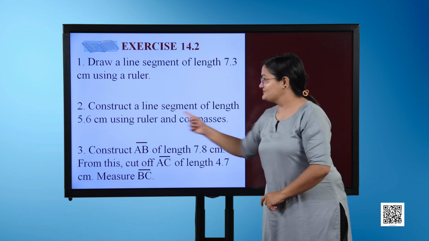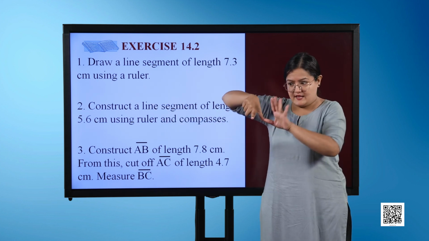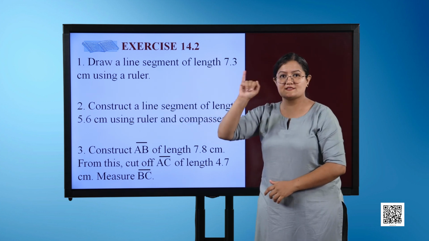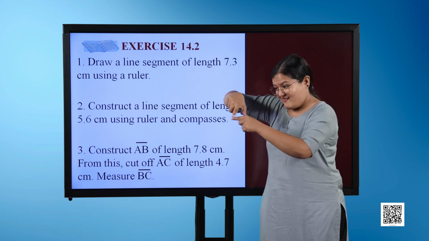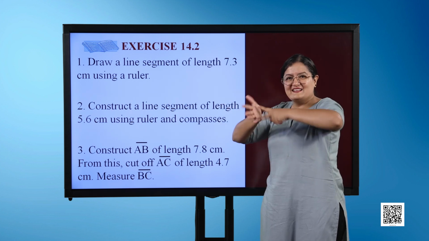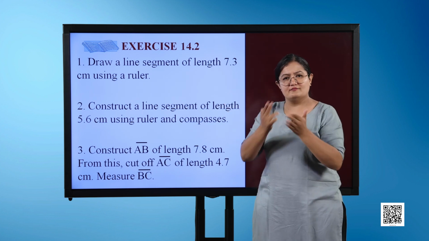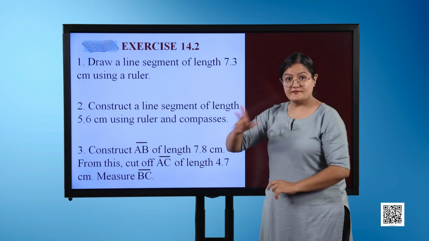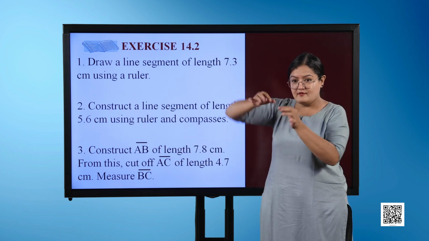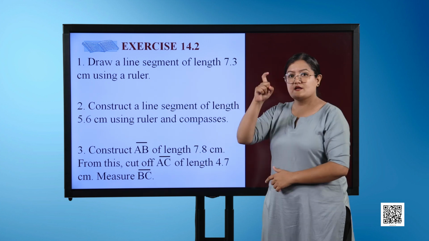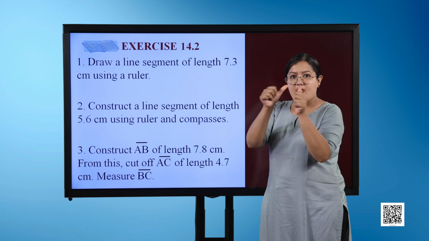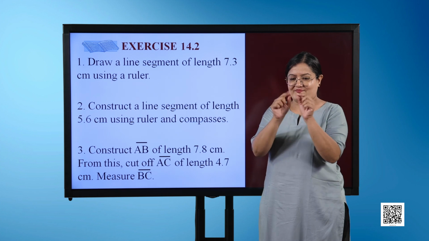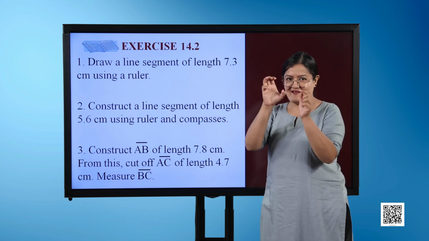Construct a line segment of length 5.6 centimeters using ruler and compasses. 3. Construct segment AB of length 7.8 centimeters. From this, cut off segment AC of length 4.7 centimeters. Measure segment BC.